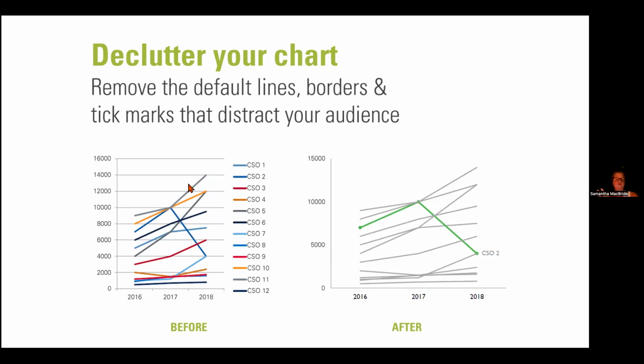So in this case, you've got too many different colors, and you've got these units of analysis going on here, whereas the story that you might want to tell is focusing only on CSO2, and coloring only that line, as well as taking out some of the horizontal lines, makes it very easy to grasp.